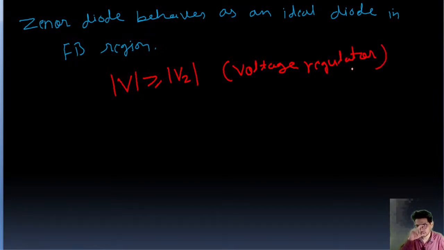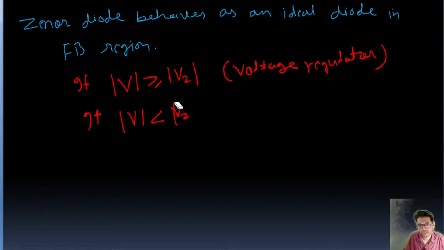And if the magnitude of V is less than Vz, then the Zener diode behaves as a normal ideal diode.